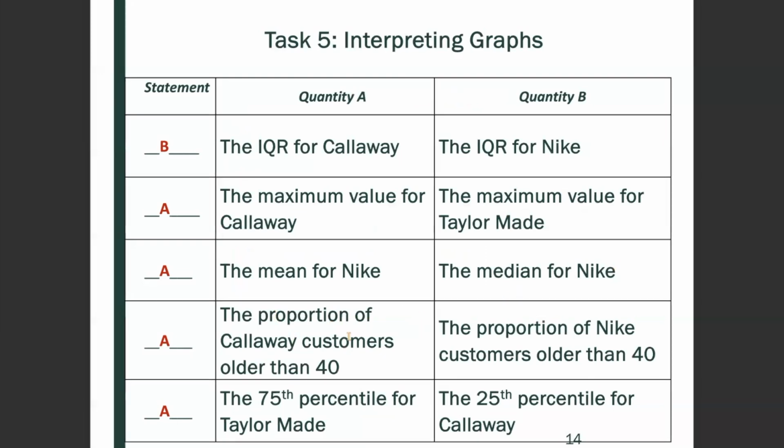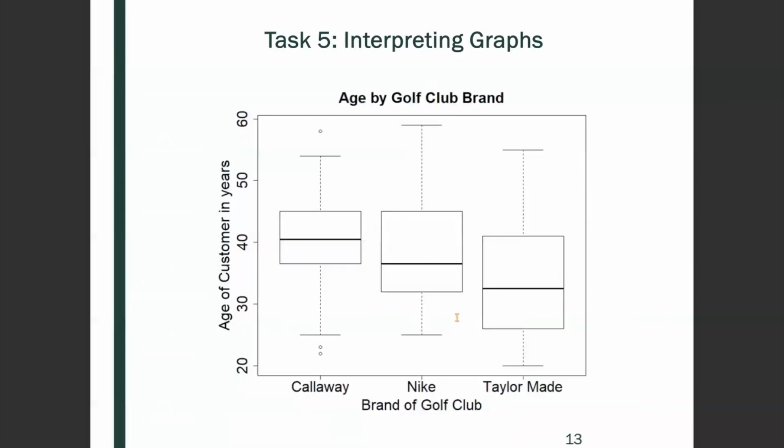Next, the proportion of Callaway customers older than 40 versus the proportion of Nike customers older than 40. So here, 40 is approximately this orange line that I'm drawing through both the box plots. For Callaway, this actually lines up quite nicely with the median. So 50% of the data is above this line.